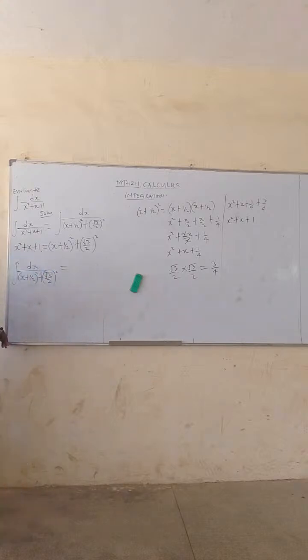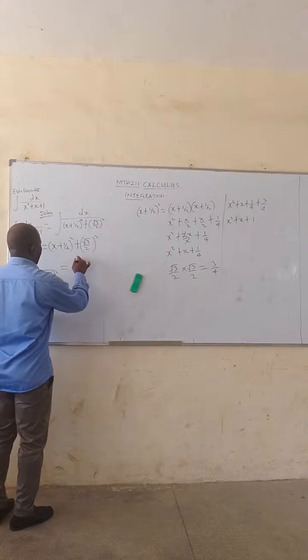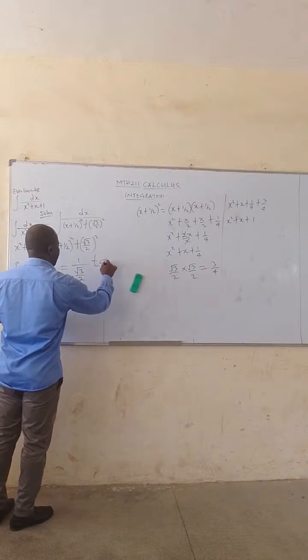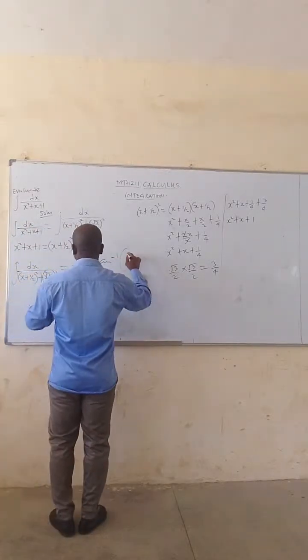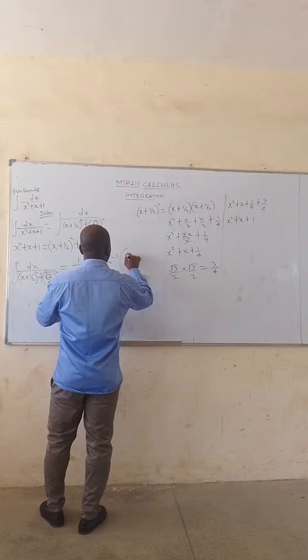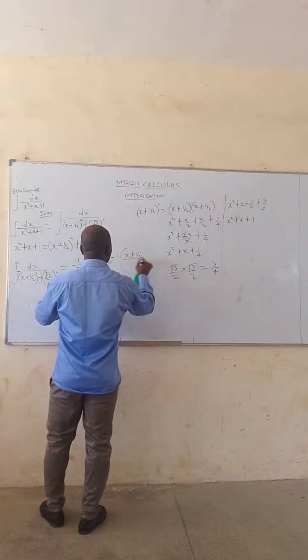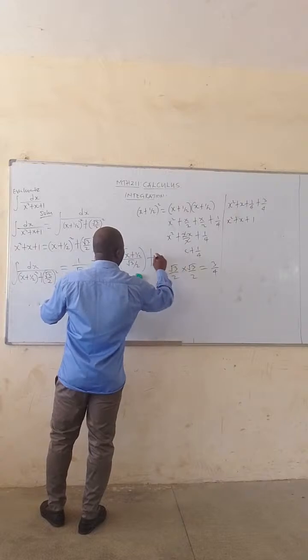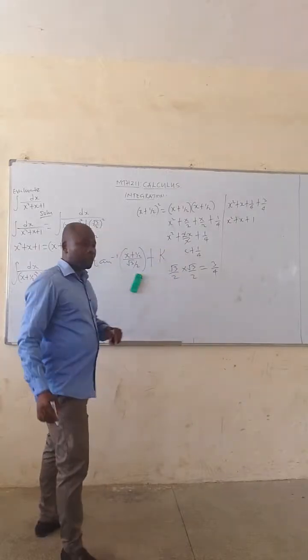So it means we are going to have what? We are going to have 1 all over root 3 over 2, tan inverse of (x + 1)/2 then all over root 3 all over 2, plus the constant k. True or false?